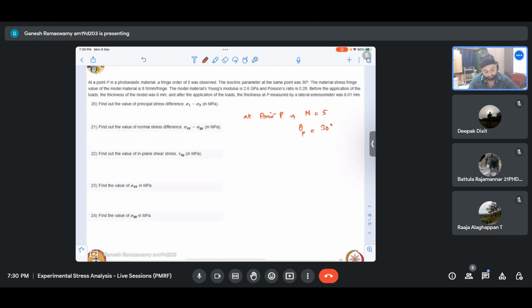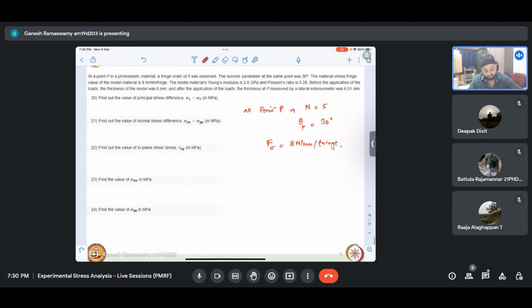The material stress fringe value for this model material is 8 Newton per mm per fringe. So F sigma is given to be 8 Newton per mm per fringe. The model material's Young's modulus is 2.6 GPa. So E is 2.6 GPa is given, and the Poisson's ratio mu is given to be 0.28.